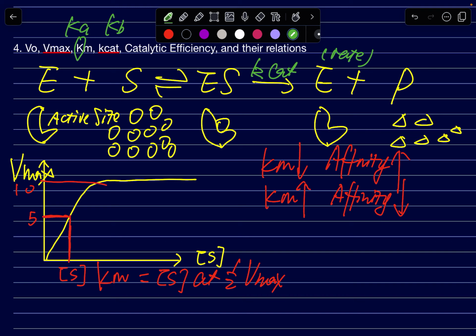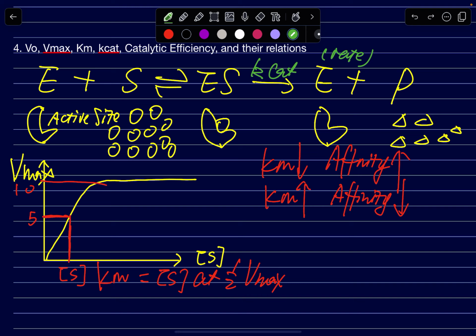The uppercase K is a characteristic of an enzyme, an acid, or a base. Whereas the lowercase k is a rate. So kcat is basically the rate after the complex is formed, like how fast it turns into a product.